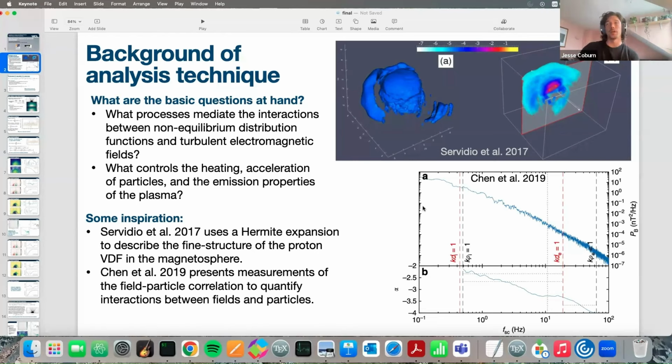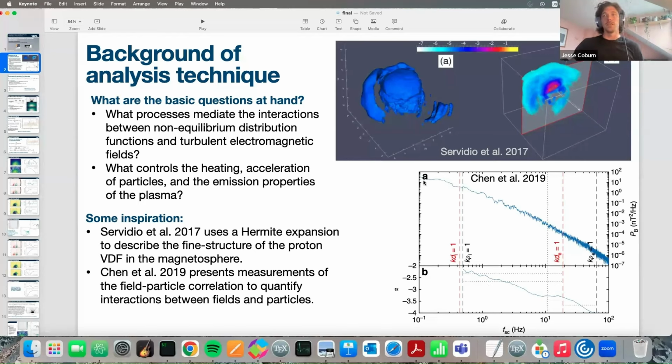In the bottom panel, I'm showing a plot from Chen et al. 2019 of the trace power magnetic field spectrum. These are the things that the turbulence community obsesses over. In the bottom panel, you have the local slope.